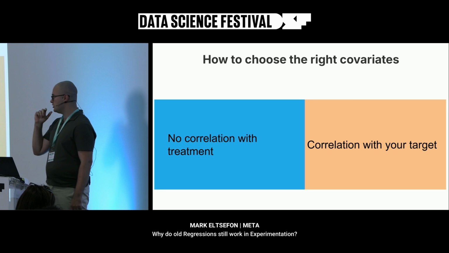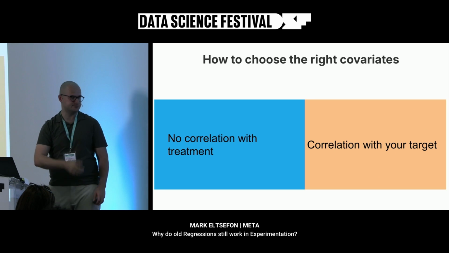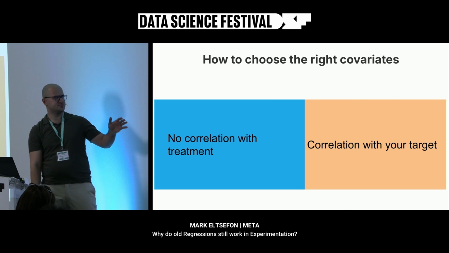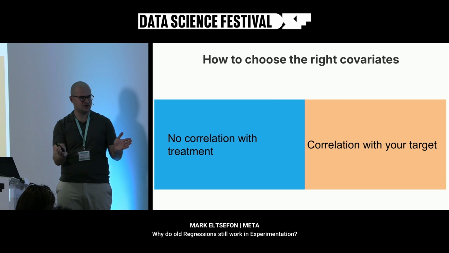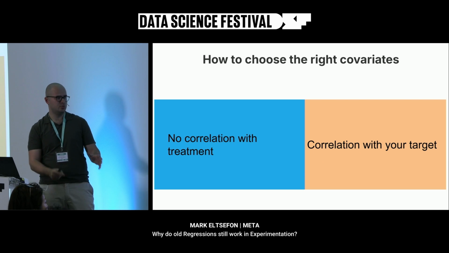And if you think about what the best one is going to be here, it's going to be pre-experiment data. Pre-experiment data definitely has nothing to do with the current experiment. So we are pretty safe here.